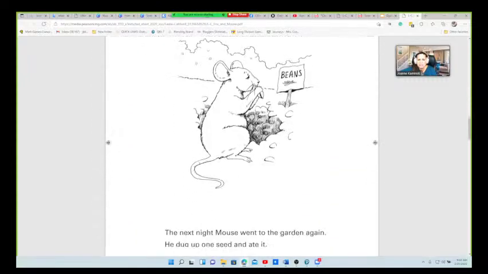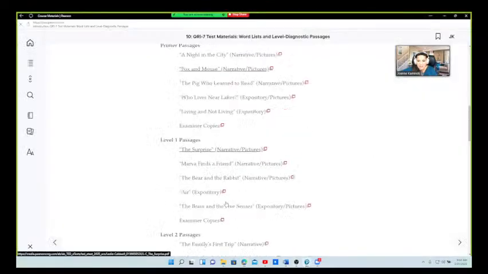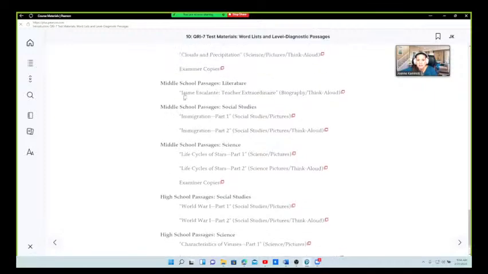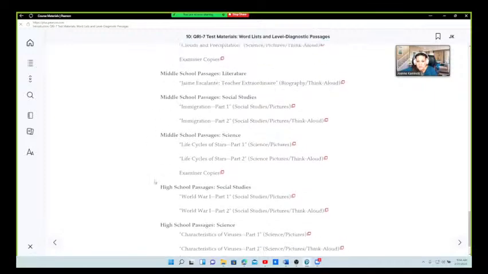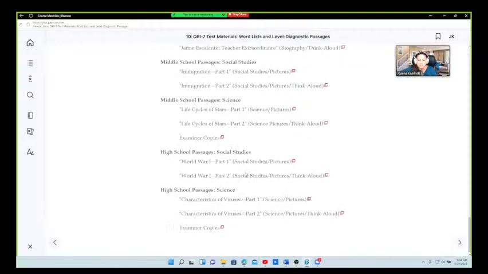So this is the QRI-7. It does go all the way up into a high school level. So this is really helpful to know as you are taking a look at this particular assessment. It does go, if you can see here, high school passages, and it breaks it down into the high school passages are a social studies passage and a science passage, because at this point they are reading to learn versus learning to read, right?